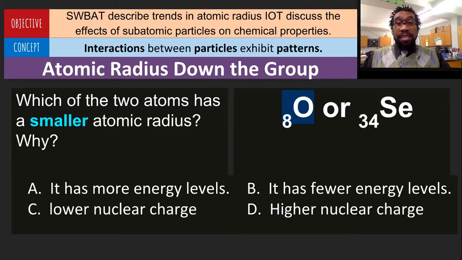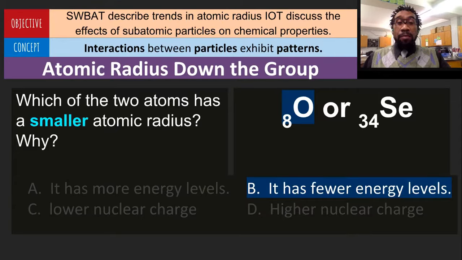Why is oxygen smaller than selenium? Again, we're talking about going down the group in the periodic table, so we're still talking about energy levels. Therefore, the answer is B: oxygen has fewer energy levels than selenium, and therefore oxygen is smaller than selenium.